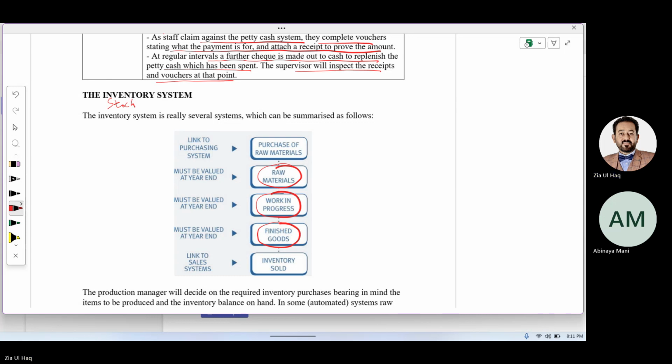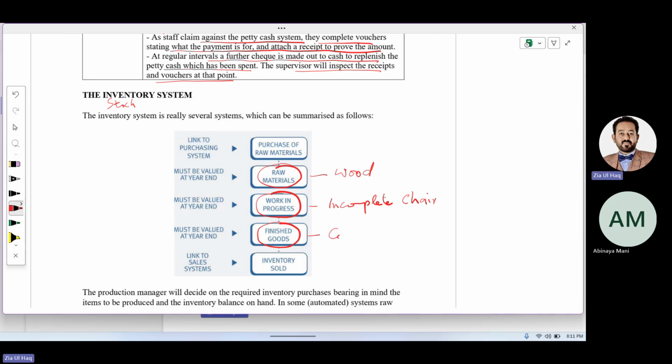We have wood to make the furniture, that is called raw material. We have some incomplete chairs, like a chair with only the frame, without the foam, without the arms, that will be called work in progress.